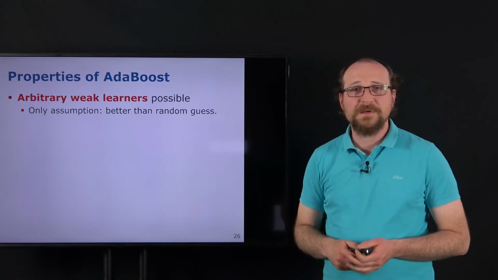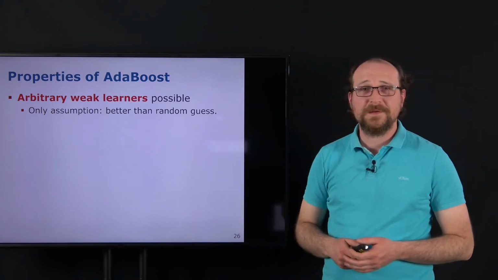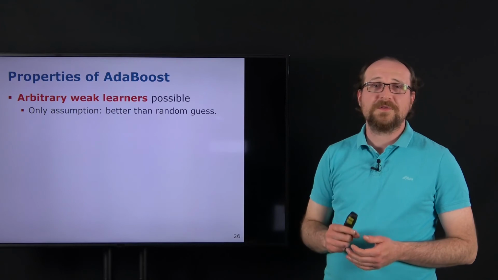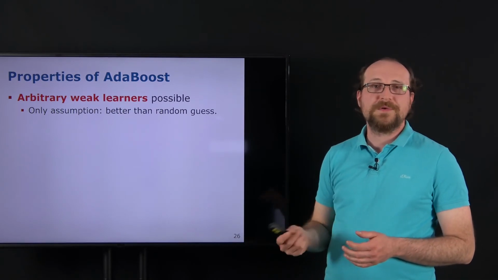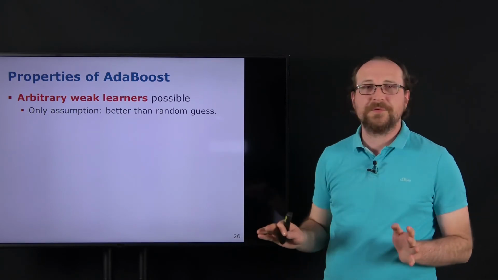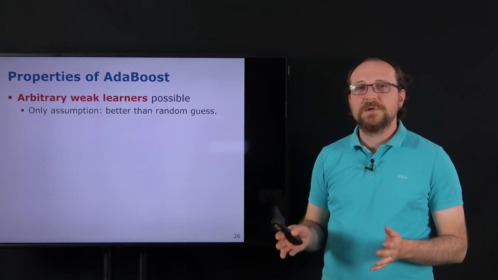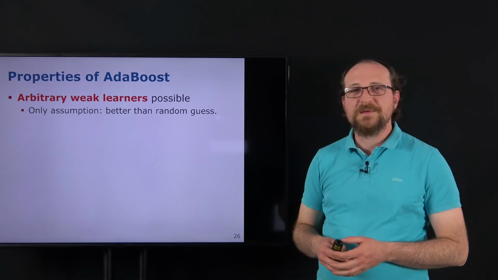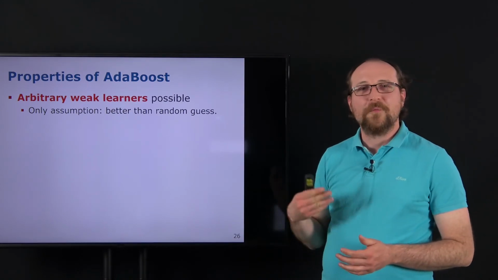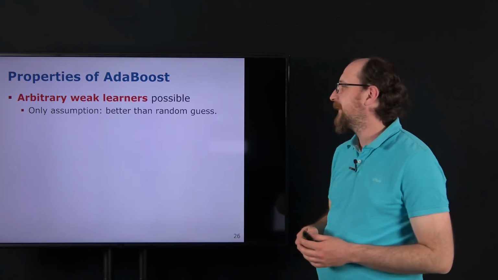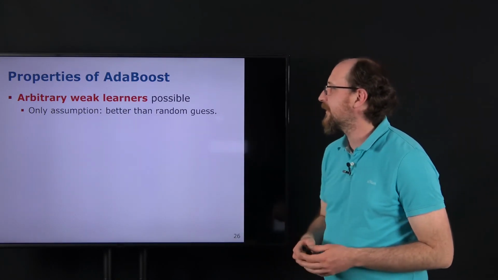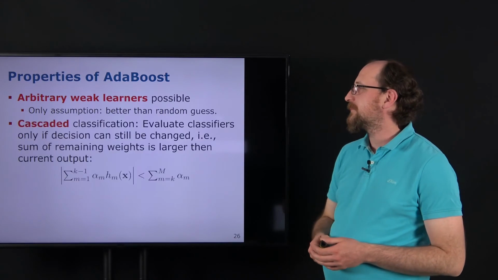So when you see implementations, something like in sklearn, then you will find maybe a condition that checks if the error rate gets below random guess, then it just stops. Because then it would basically decrease the performance again when it uses the worse than random guess predictions in the end. But this is the only assumption that is made there.